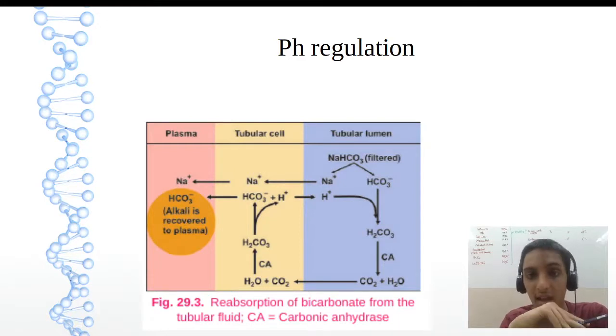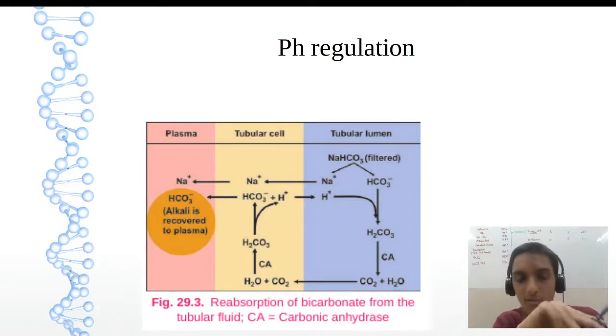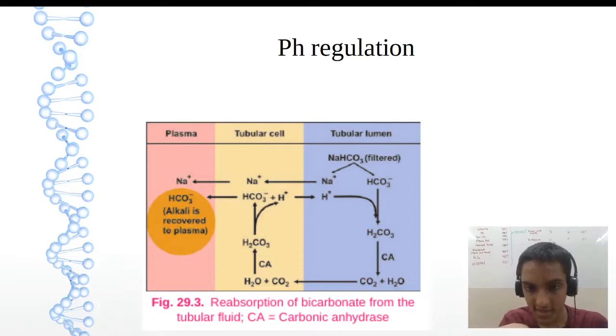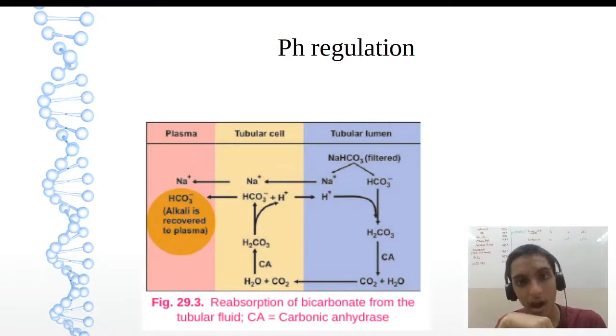That forms carbonic acid, which forms CO2 and H2O. This is easier because it is the reverse of what is happening in the cell. Reverse of what happened in the cell will also happen in the lumen.